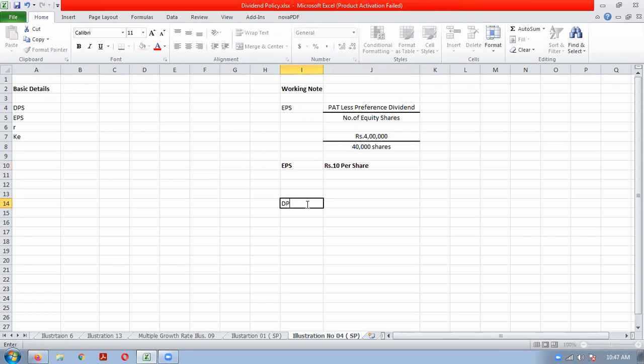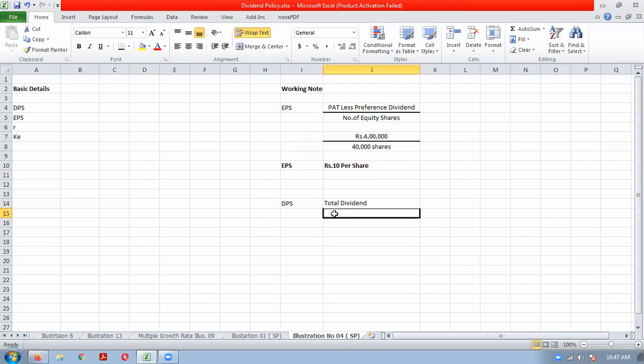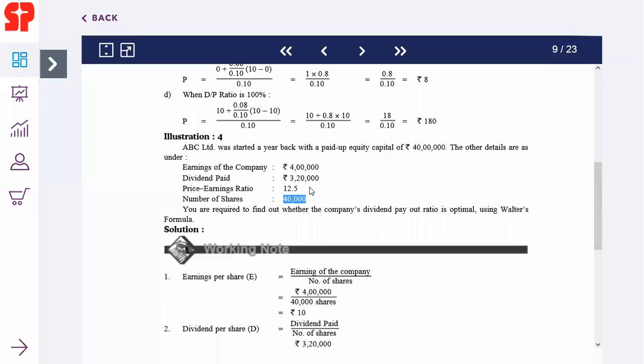Dividend per share will be total dividend paid by the company or declared by the company divided by number of equity shares. So what is the total dividend paid by the company? It is given in the question. See, dividend paid is 3,20,000.